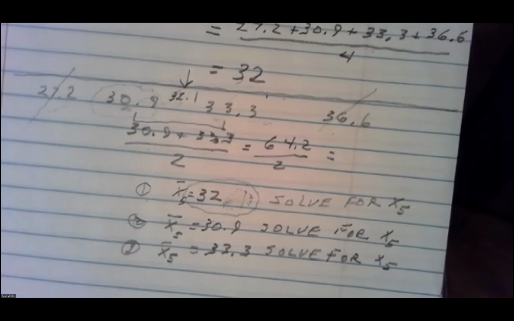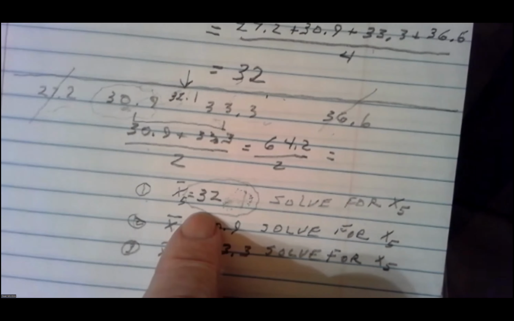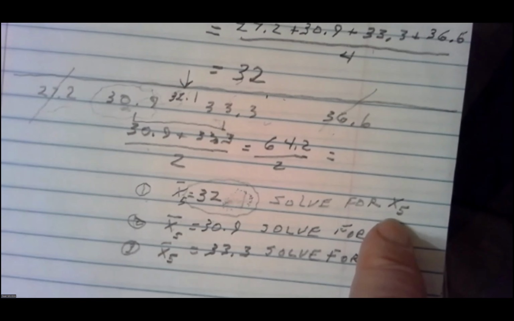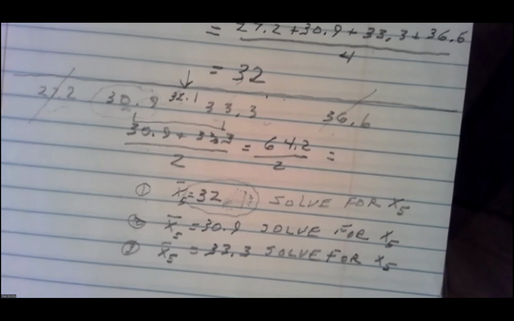So the first thing we'll do is we'll take x bar sub 5 equal to 32, and we'll solve for x sub 5. I'm going to do that on another document camera so we can keep this here so we can refer back to it.